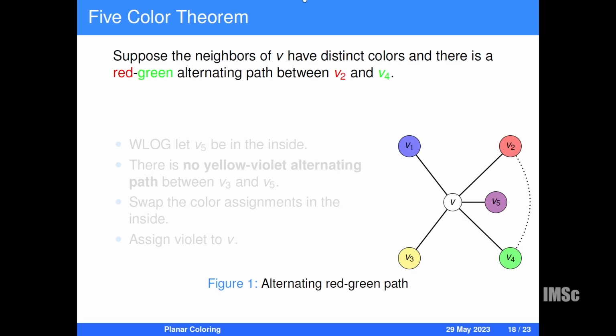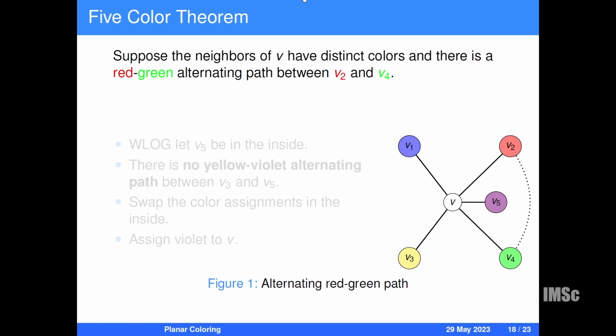Yes, it does not affect the outside world. So you just swap the colors violet and yellow in this region. Now what happens as a result? V5 gets yellow.